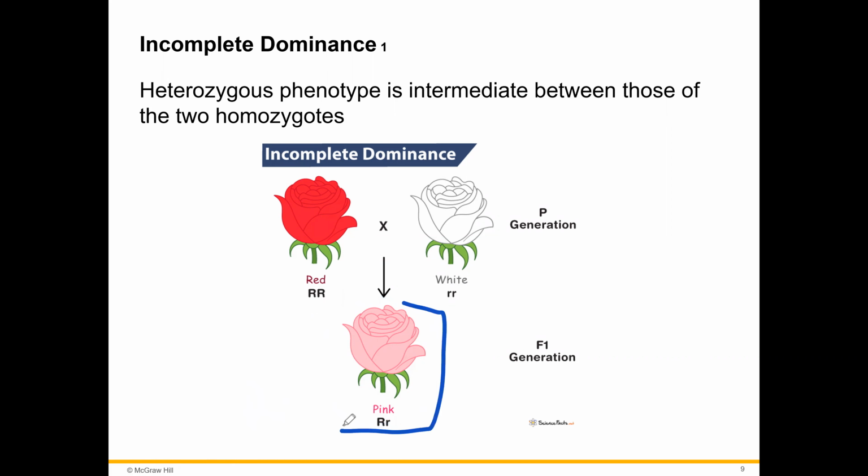But in this example, the whole F1 generation is going to be pink. So why is it pink? Because red is not completely dominant, it exhibits incomplete dominance over white. So if it's not completely dominant, you will have an intermediate phenotype.